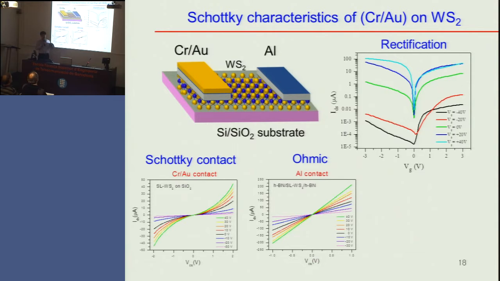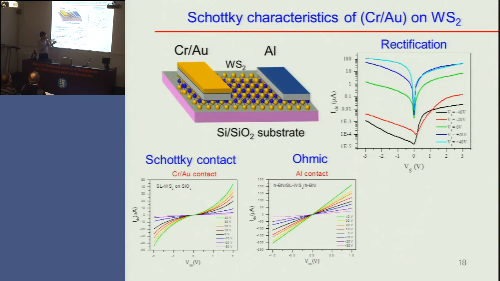It depends on the work function of the metal and the electron affinity of the semiconductor. If the difference between those is high, you can expect Schottky barriers. However, if the work function of the metal and the electron affinity of the two-dimensional semiconductor are similar, we would expect ohmic contacts, which means they don't show Schottky barrier contacts.